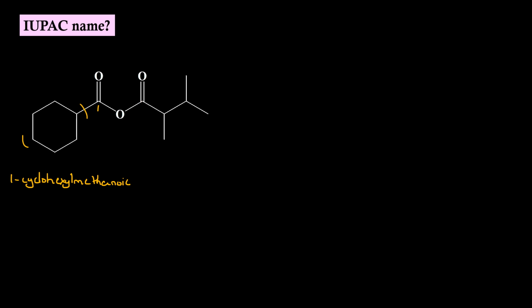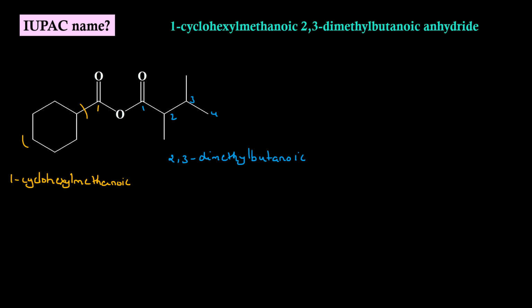So we have substituents at positions 2 and 3. The name of this acid part will be 2,3-dimethyl butanoic. The IUPAC name will be 1-cyclohexyl methanoic 2,3-dimethyl butanoic anhydride. Cyclohexyl methanoic comes first because C comes first in the alphabetical order.